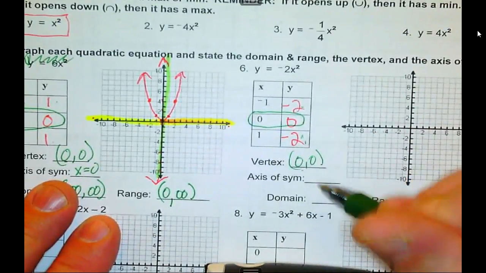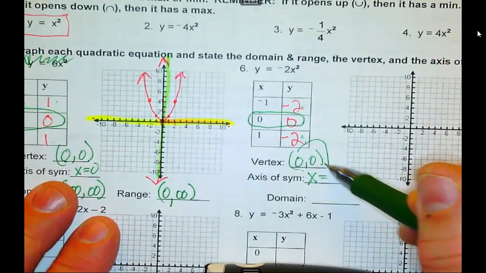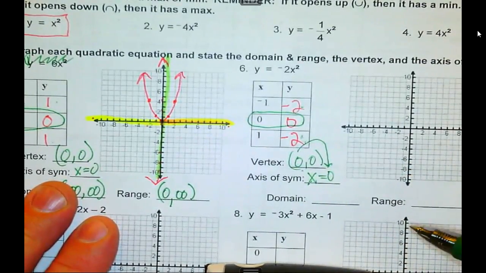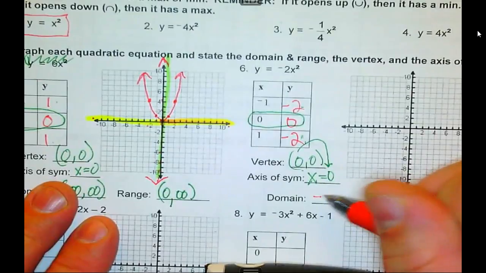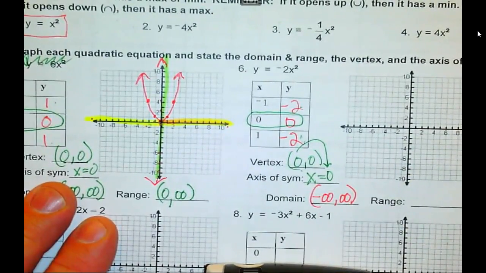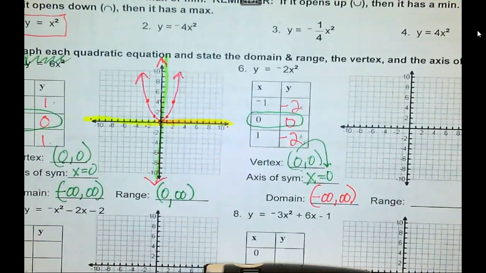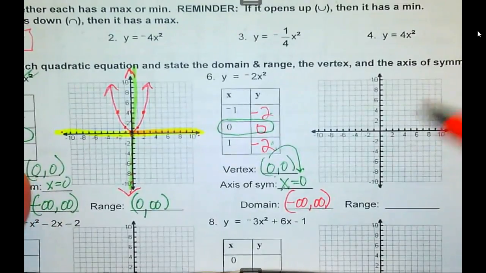Axis of symmetry, x equals my x value, 0. My domain, I gave you a hint, is always going to be negative infinity to positive infinity. We better go ahead and sketch this to figure out the range.